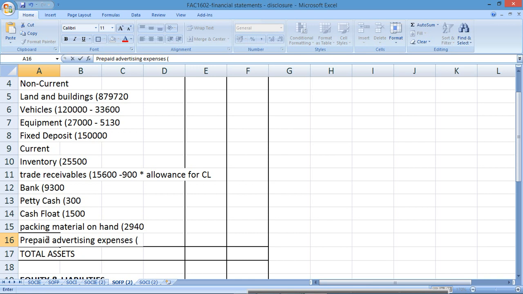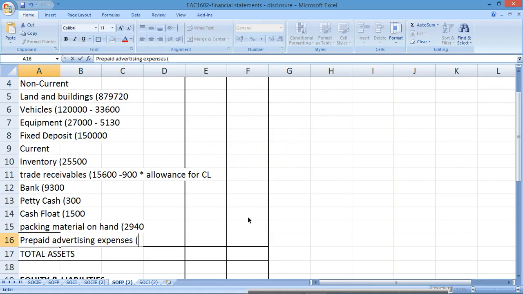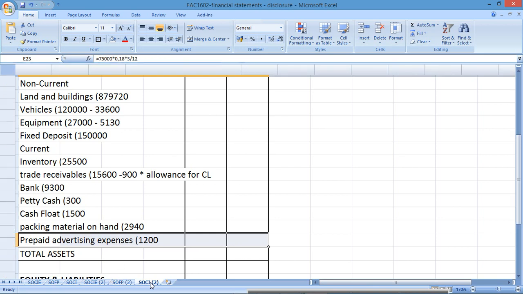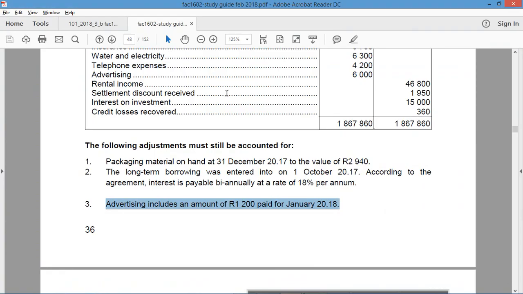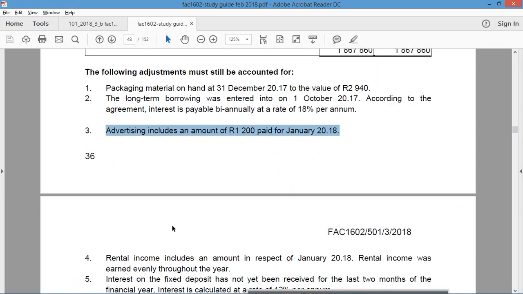Hopefully it won't be as long as this exercise, but leave enough space. 1,200, a current asset, because the expense is too high. What am I going to do to the expense? You're going to decrease it. Correct. There's advertising, so less 1,200. 1,200 is for the advertising. Okay, makes sense.